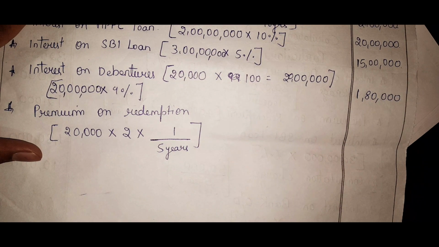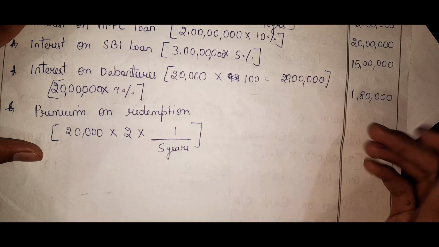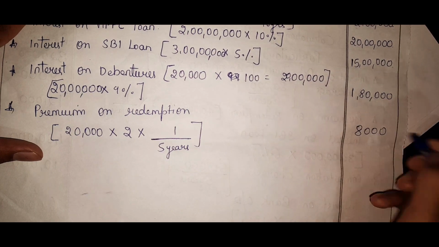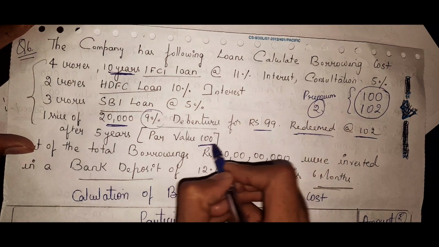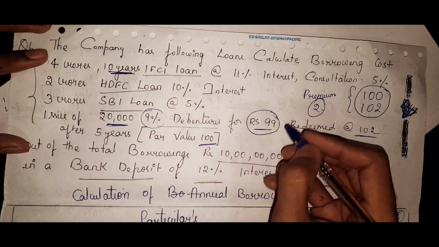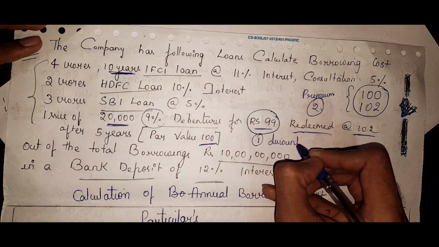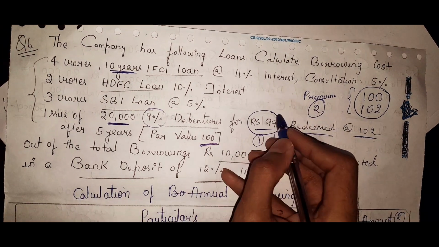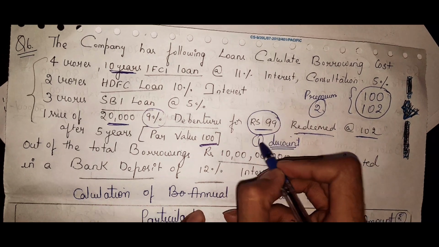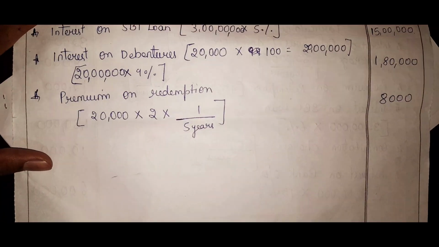So 20,000 into 2 into 1 divided by 5, it will be 8,000 rupees. Next, if you observe, actually the value is 100 rupees, but they have issued at 99, meaning 1 rupee discount. They gave a debenture worth 100 for 99 rupees, so they lose 1 rupee on each debenture. So that 1 rupee loss we also need to write here.